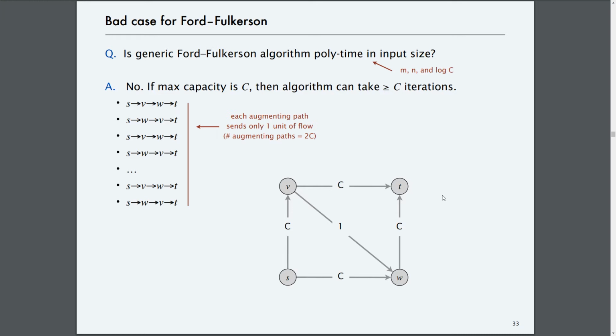Why log c? That sort of escapes me. It's just the definition of polytime. So our input sizes are n and m, and then we have some values in our problem, c, which are not exactly the input size itself.